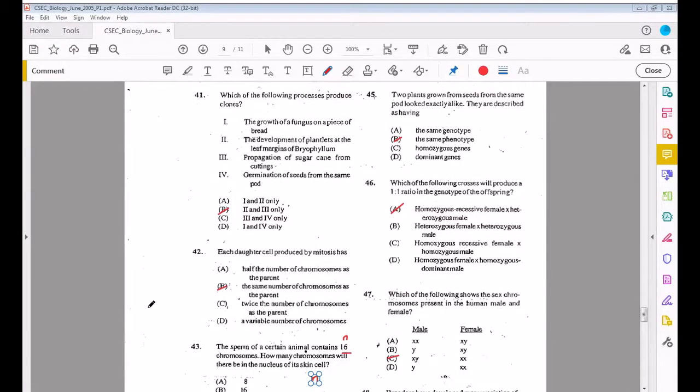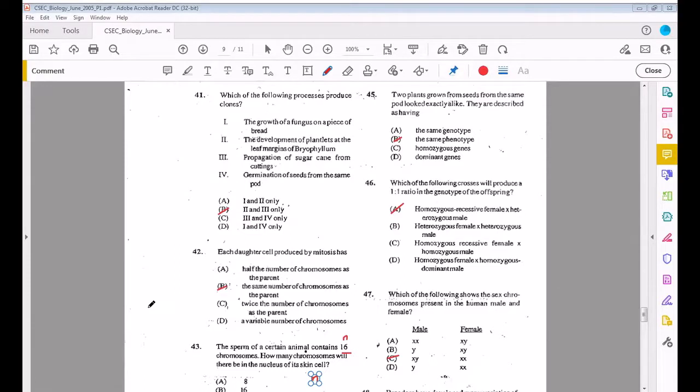So 35, two plants grown from seed from the same pod look exactly alike. They are described as having B, the same phenotype because they look exactly alike. But remember, why we can't say that they have the same genotype is we don't know the method of fertilization.